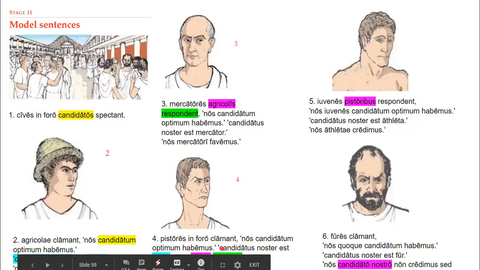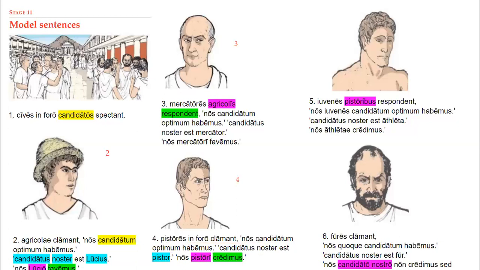All right. Candidatus noster est pistor. So nominative subject, possessive pronoun, main verb, and predicate nominative. Candidate, ours, is a baker, or in better English, our candidate is a baker.